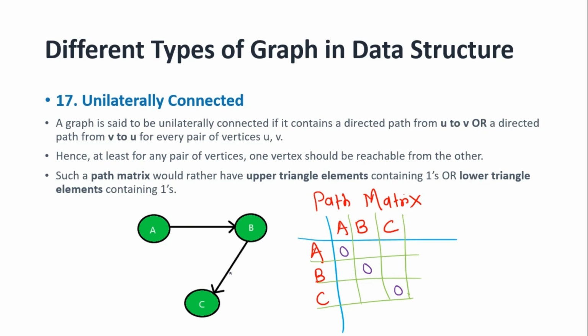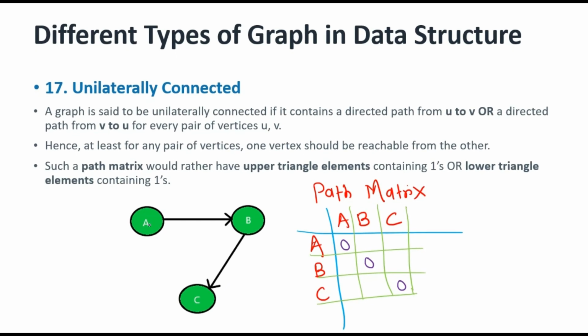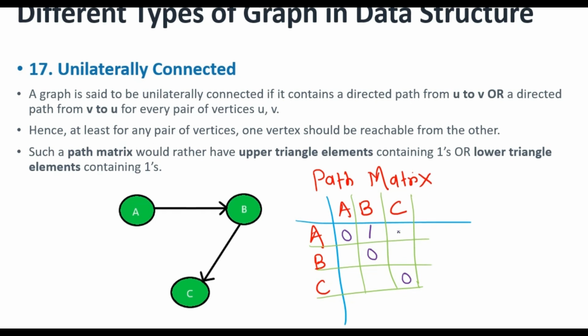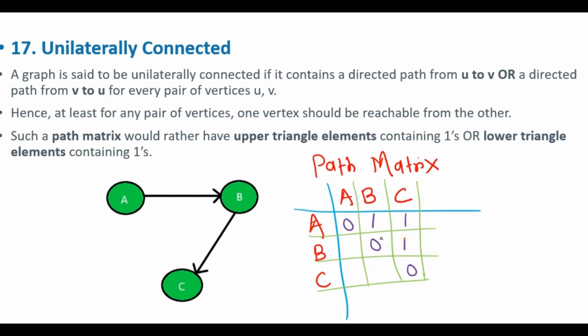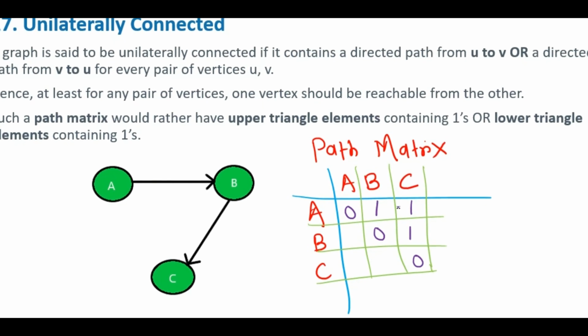A graph is said to be unilaterally connected if it contains a directed path from U to V or a directed path from V to U for every pair of vertices U, V. What is the meaning of that? For example, in this graph I have a path going from A to B and from A to C. Again, from B I can go to C but cannot go to A. So this is just the path.